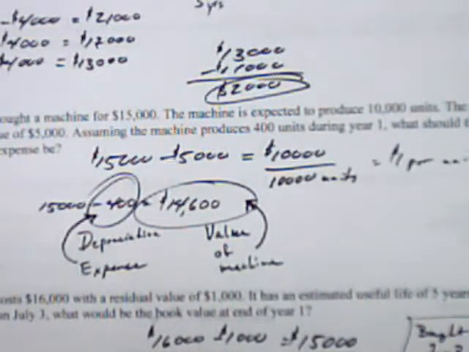The depreciation expense was $400, and then the value of the machine was $14,600. I didn't read it too carefully.